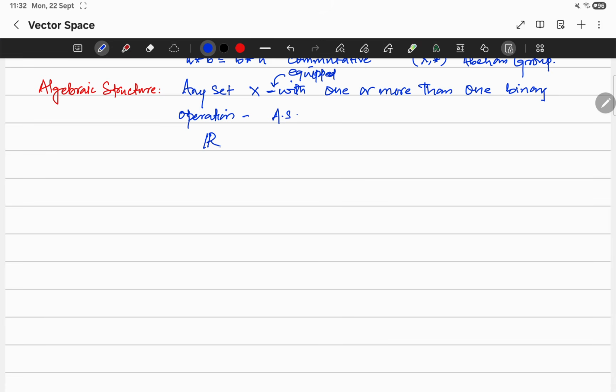For example, R along with plus and multiply is an algebraic structure. Addition and multiplication give an algebraic structure.